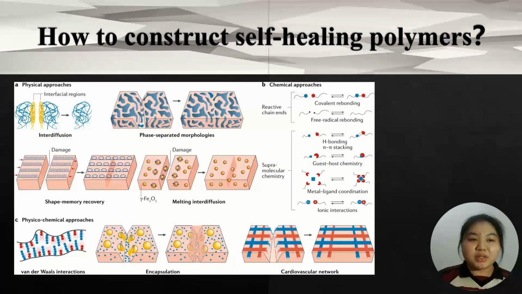So this is the physical approach and chemical approach and the physicochemical approaches.